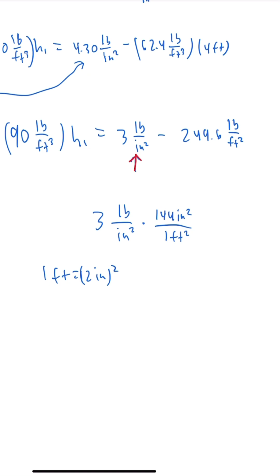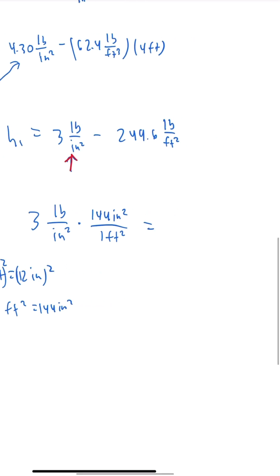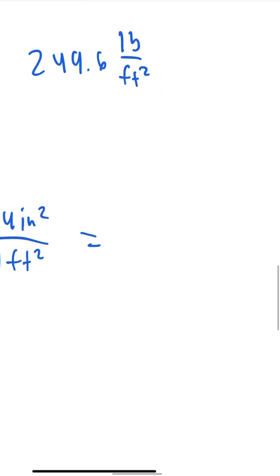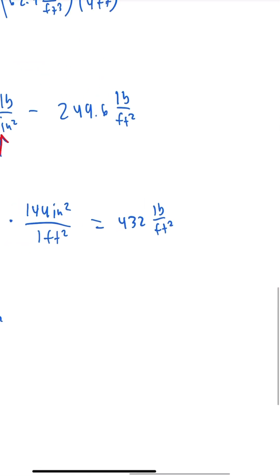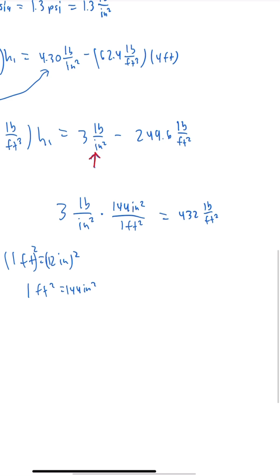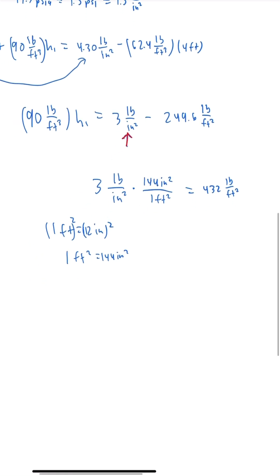If you square both sides, then you get 1 foot squared is equal to 144 inches squared. This will give us 432 pound force per feet squared. So now we have all the things in the correct units, and we can start to solve this.